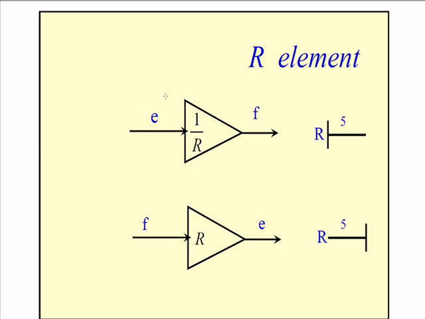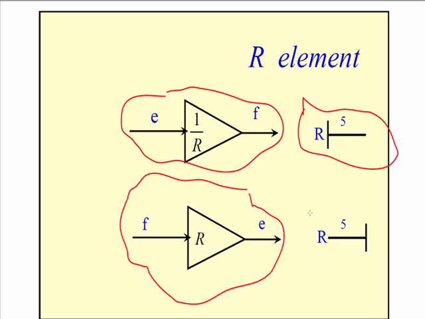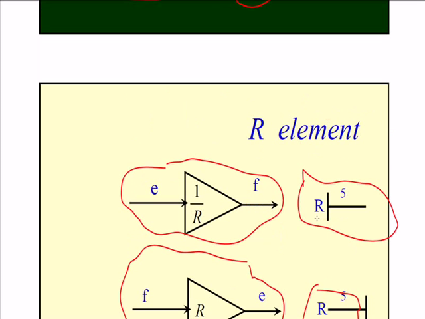So this whole thing that you see here is represented by the symbol. That's the equivalent of the Simulink notation on the left hand side over here, and the bond graph notation on the right hand side over here. See?